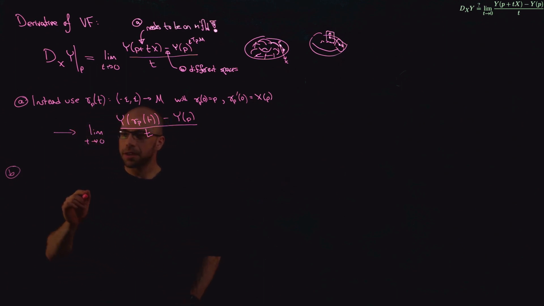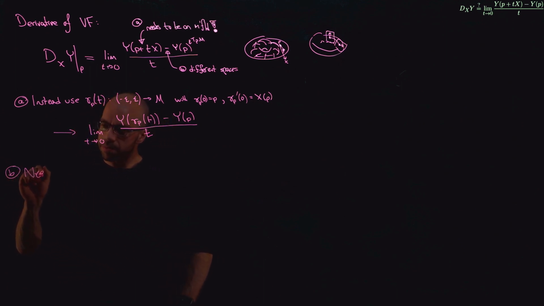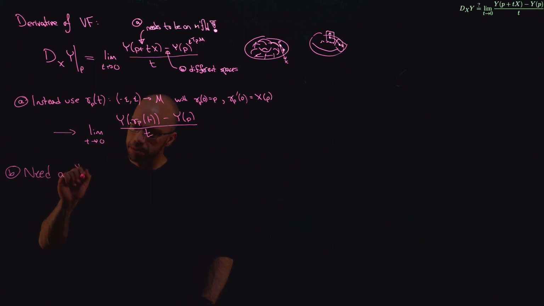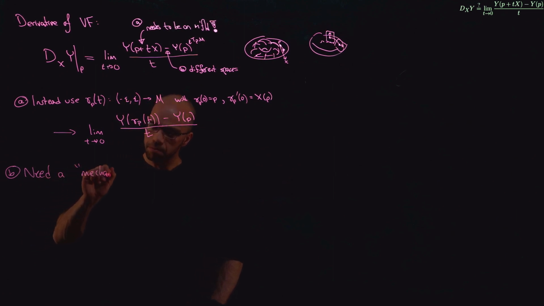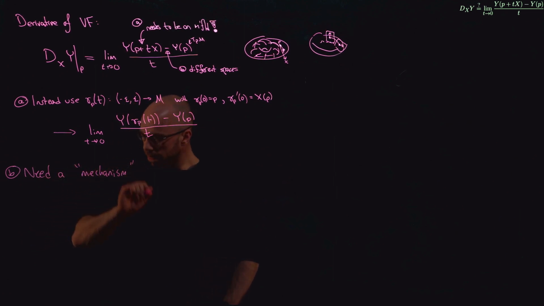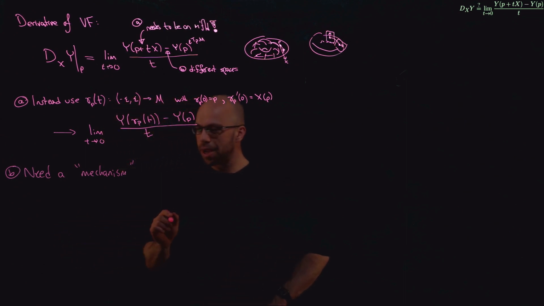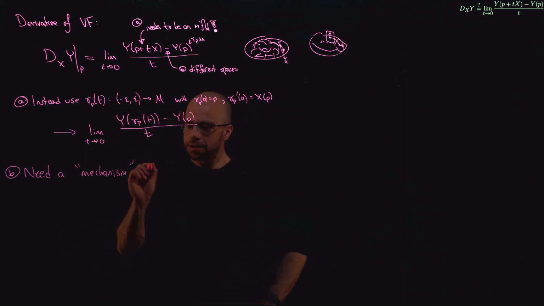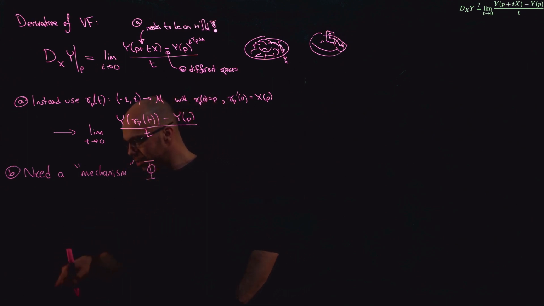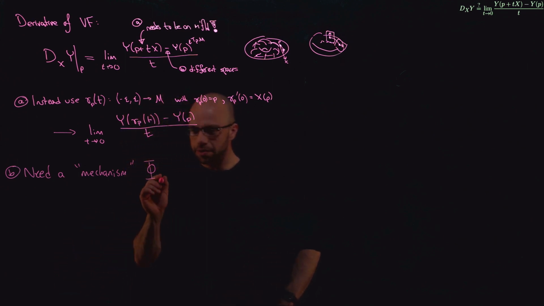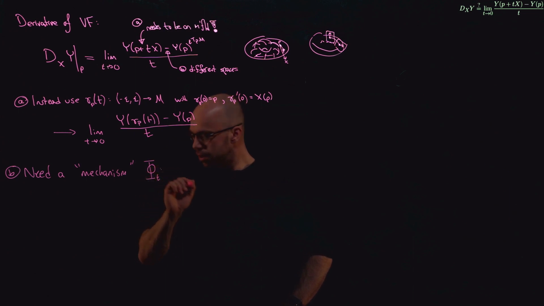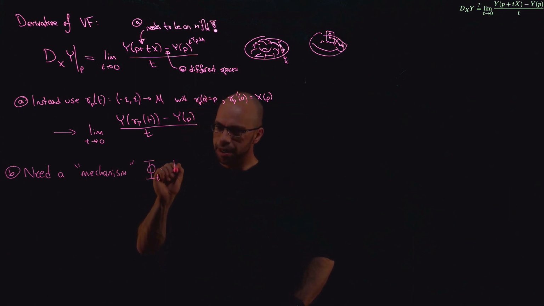Well, essentially, what we need is some mechanism which is going to compare vectors at different points. So one very generic thing that I could do would be to define a function like phi sub t, which is going to take the tangent plane at gamma p of t.